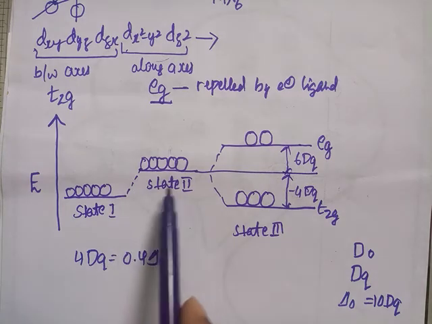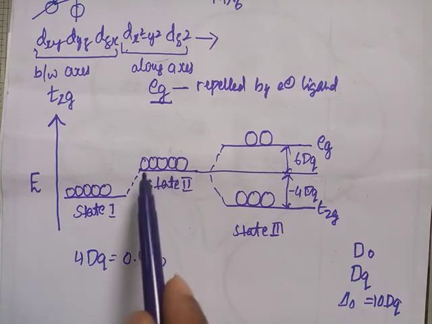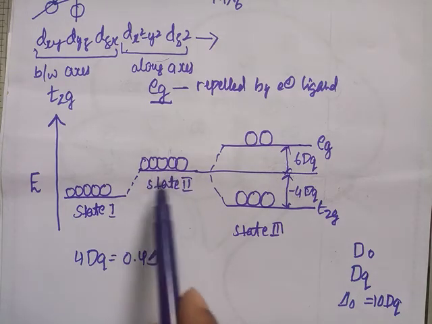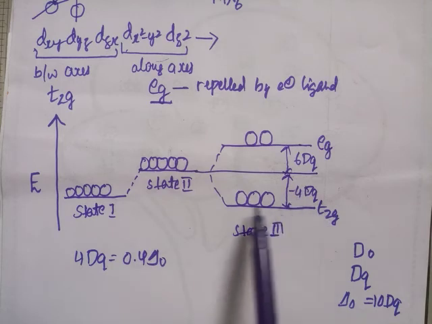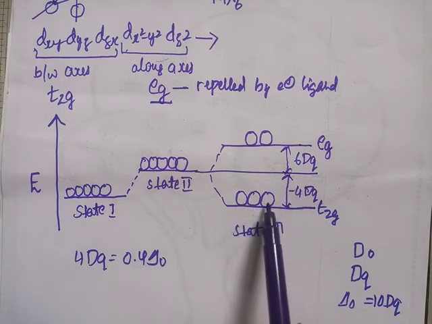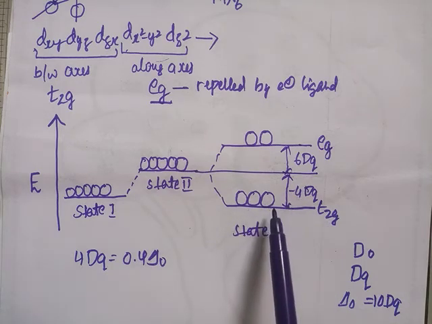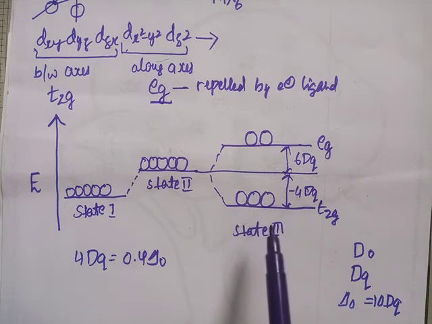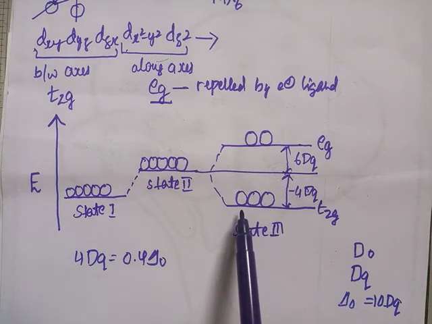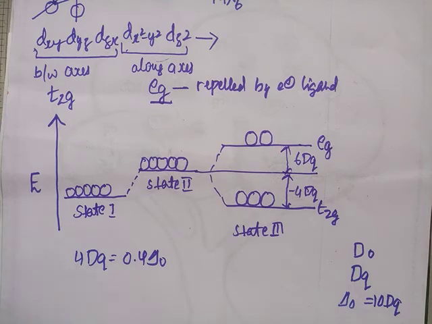So this is the energy of the isolated ion, and this is the energy of the three orbitals in the presence of the ligands. Therefore the energy of the complex would always be less.